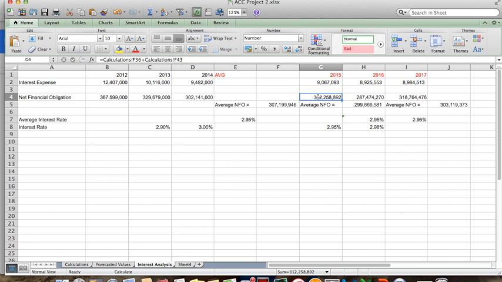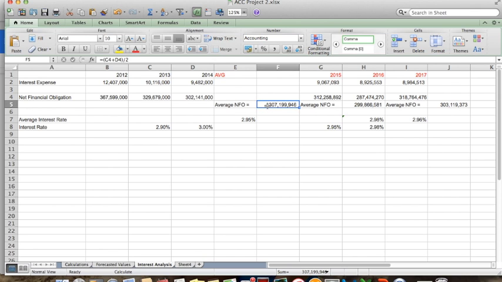Up next, to find the net interest expense, you need to find the average net financial obligation, which is this number right here for the first year, and that is found by taking the first forecasted year's net financial obligation with the previous year's net financial obligation, adding those two together and dividing by 2, and that gives you 307 million, approximately.